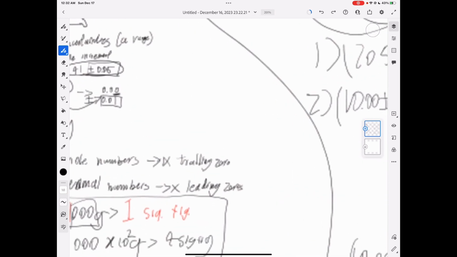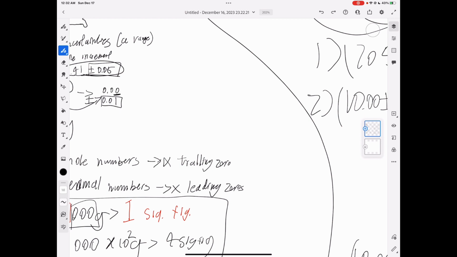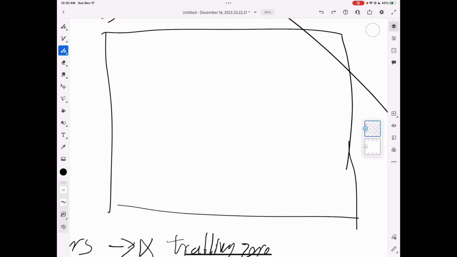So to finish off today, since we're running out of space, start here. So this is our final thing, and that is percentage error. So percentage error is basically the precision of our experiment, compared to earlier where we were talking about the accuracy.